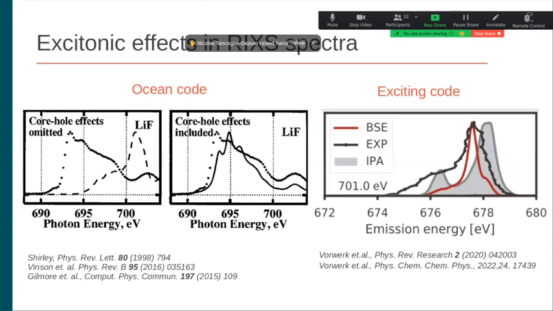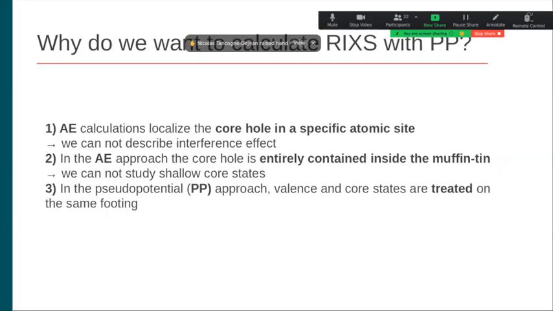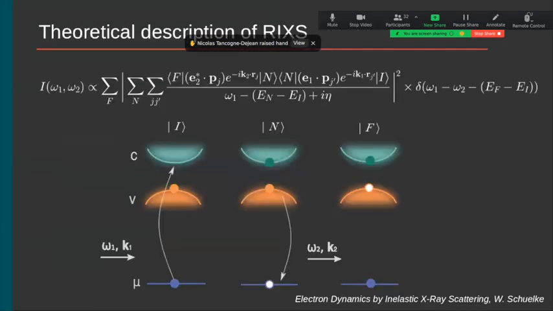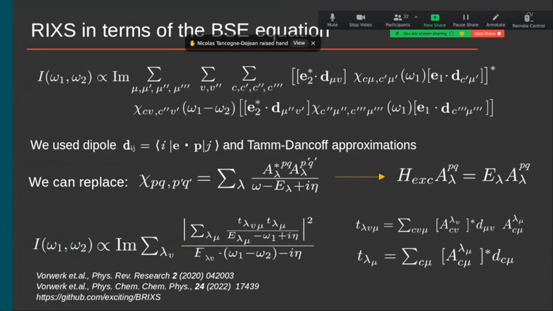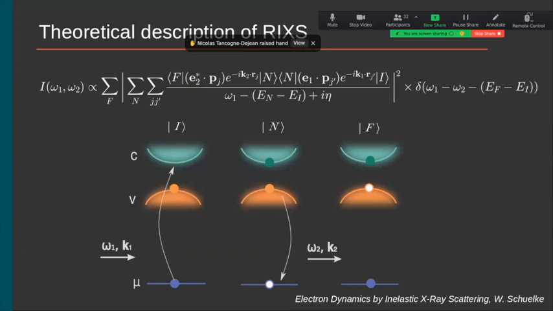Can you hear me? Yes. So just a curiosity, can you do d to d transitions, or do you include the finite momentum of the photon here or not? No. In the equations for the momentum, we do the dipole approximation.